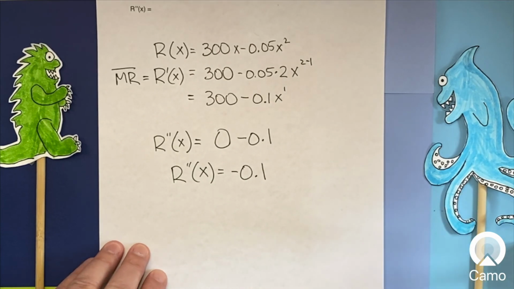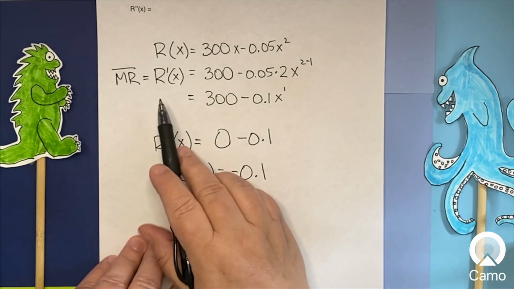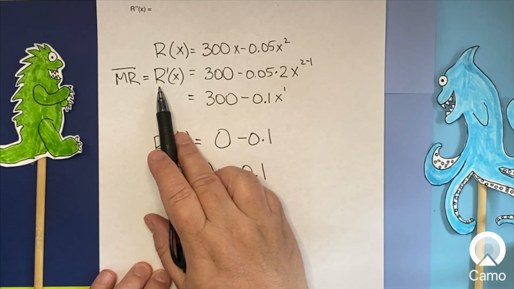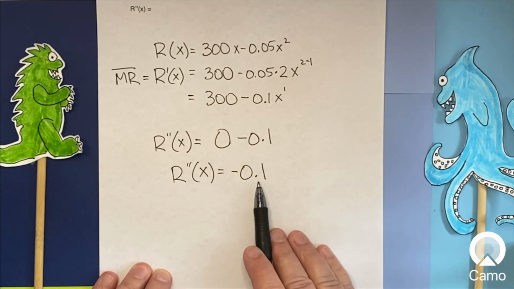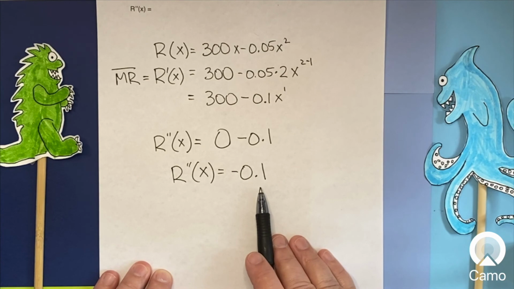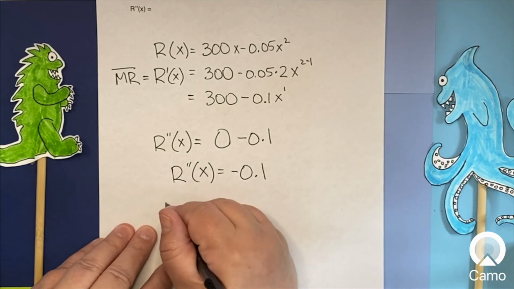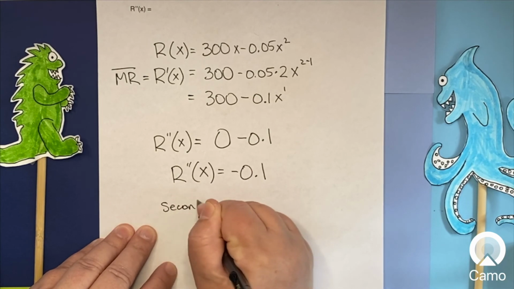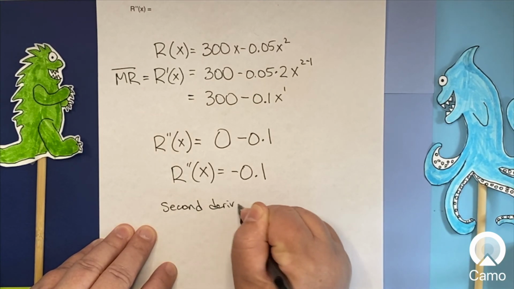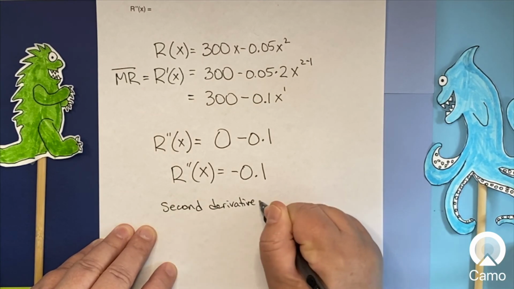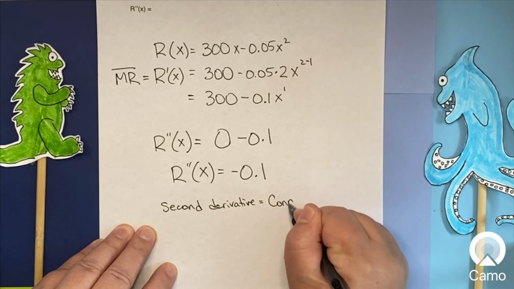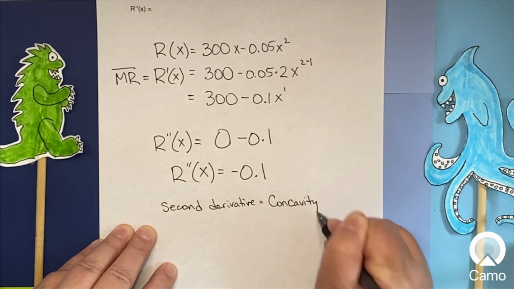It also tells us something. This is bonus learning right now. So the second derivative is the concavity of the function. So what does that mean? That means whether the function is concave down or concave up.